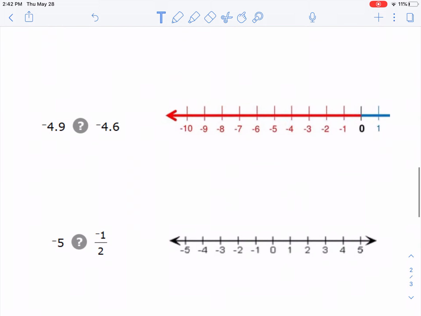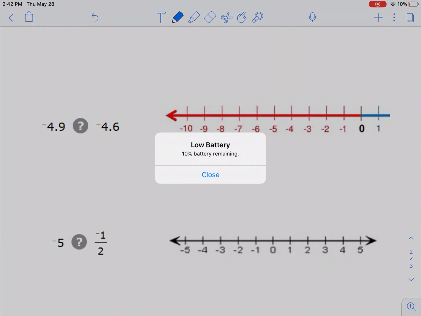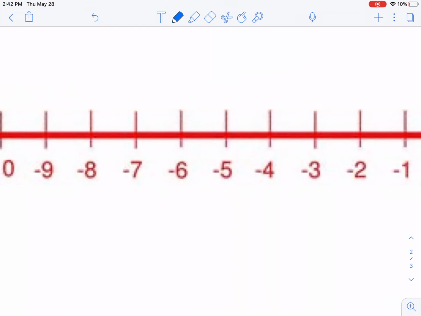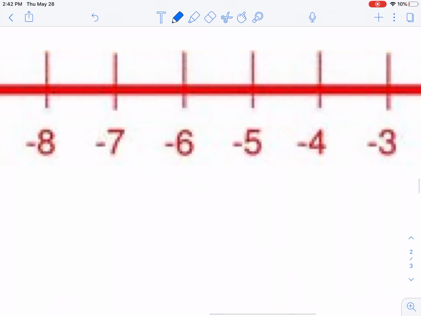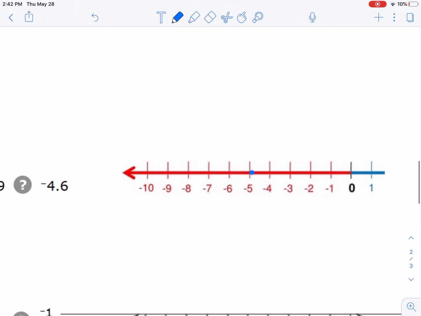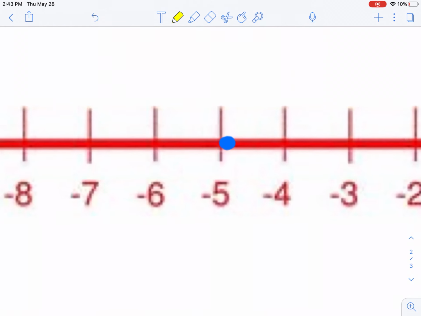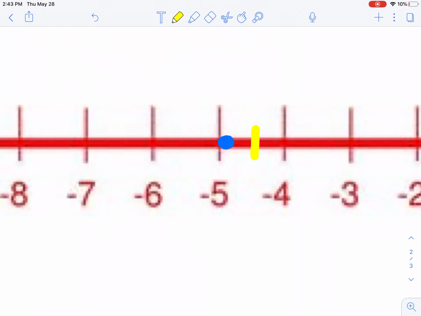All right, next one. I've got -4 9/10, and I've got -4 6/10. Again, if you were to plot these, now here's my number. I'm going to plot -4.9. -4.9 is going to fall between -4 and -5, and I know it's going to be literally a hair before that -5. Well, I know -4.6, I'll plot it in yellow, is going to be, well, if here's -4.5, -4.6 is about there.